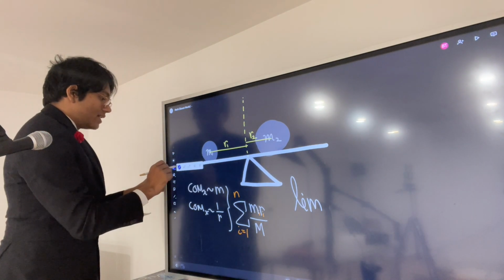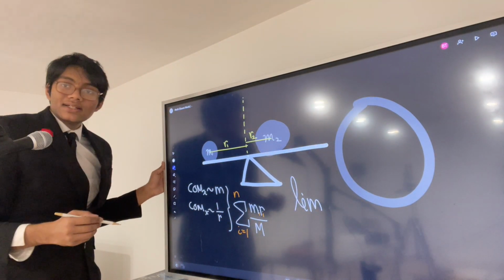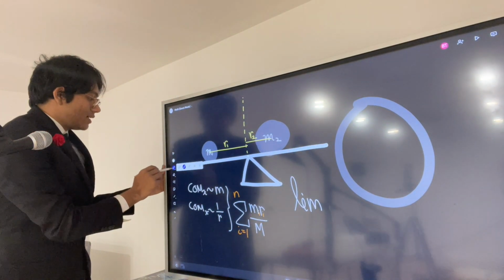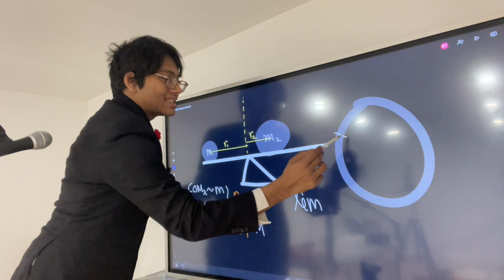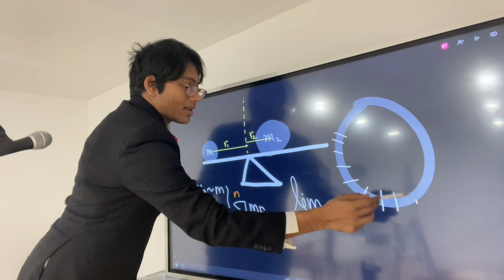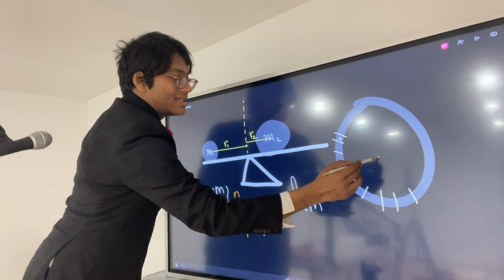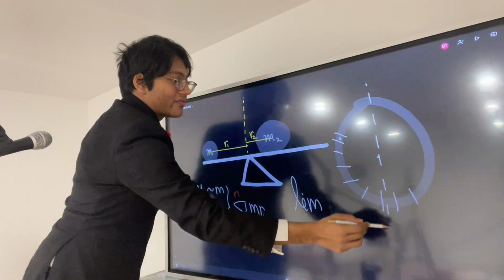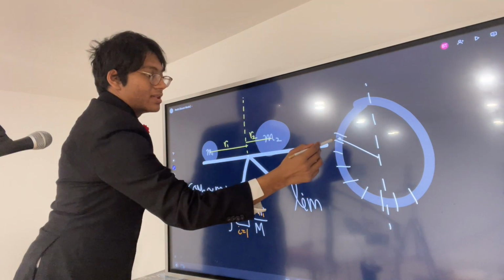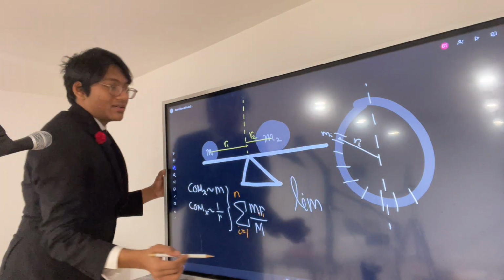So what's happening here is that I have this circular wire, and to find its center of mass, I'm creating some slices, and I'm calculating the mass of each slice times the distance of that slice from the center. So here's the mass of some slice, m sub i, and here's its radius from the center.